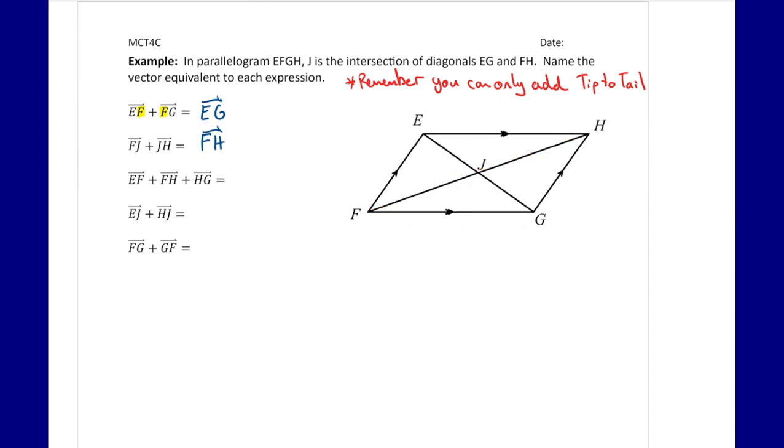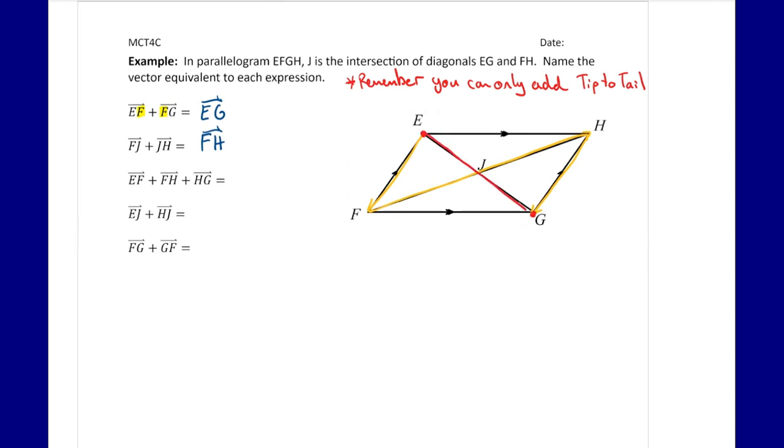For the next one, EF, so going E to F, F to H, and then H to G. So the resultant is just basically the difference from the beginning to the end. Even though we went a very long distance, we went down and back up and went down, the resultant is still going from here to here.